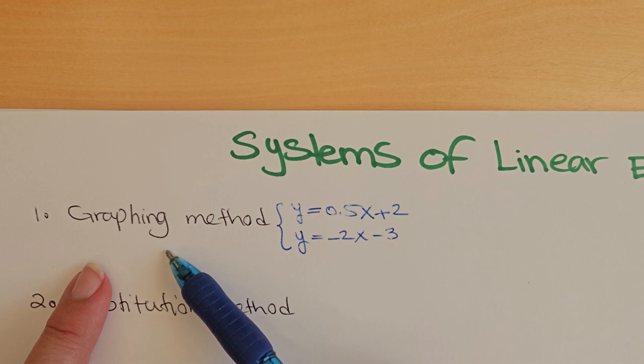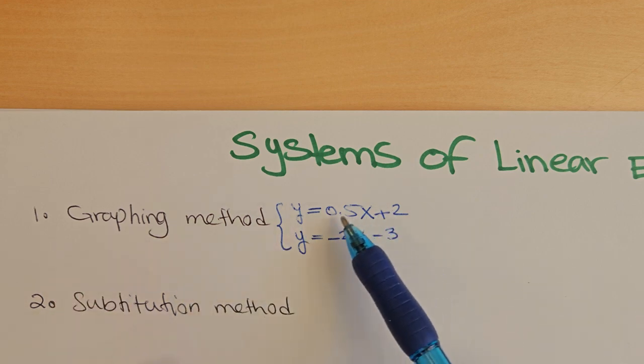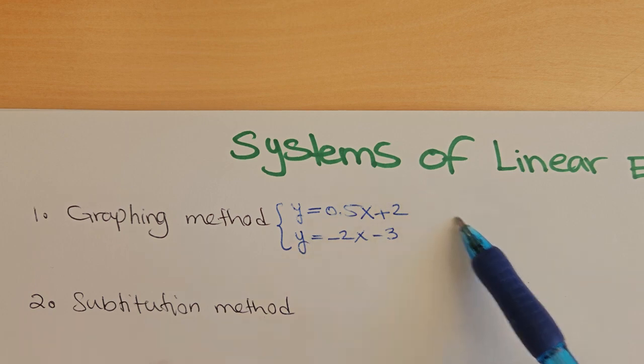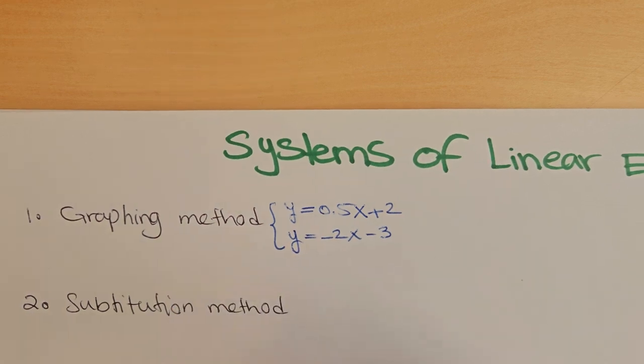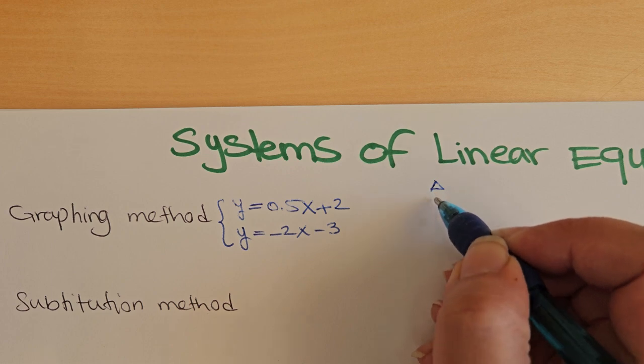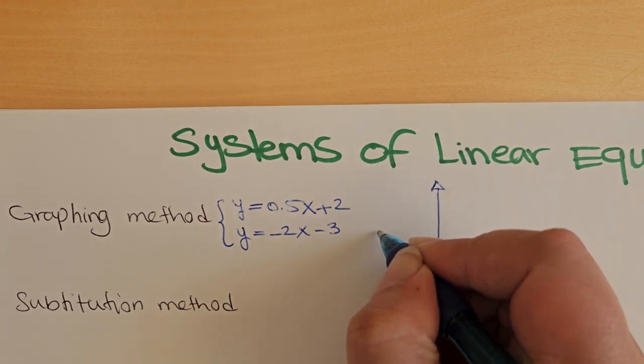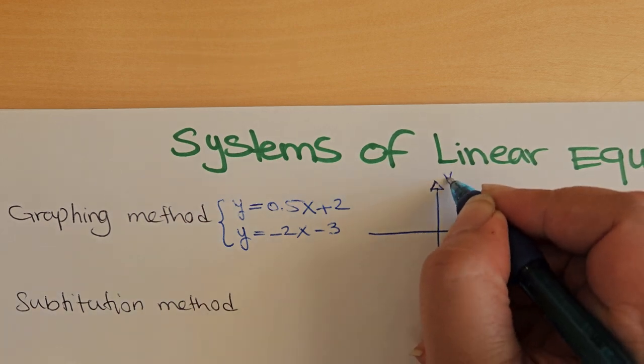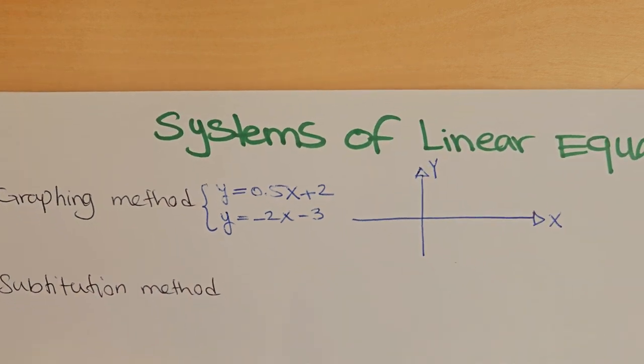In the graphing method, I will graph this line separately and this line as well, and see where they intersect. So I would have my Cartesian plane, which is xy. It's two-dimensional. So let's graph the first one.